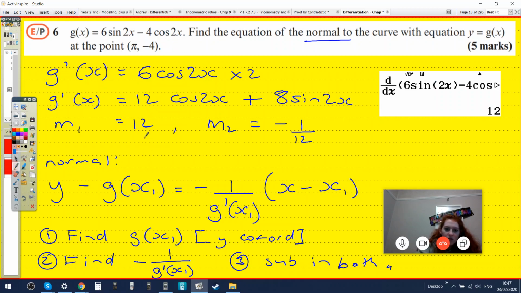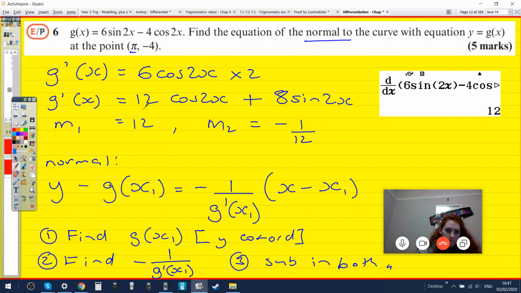So for this, would the y be y minus 4? Yeah. And the reason why, if you put pi into this up here, you will get minus 4.